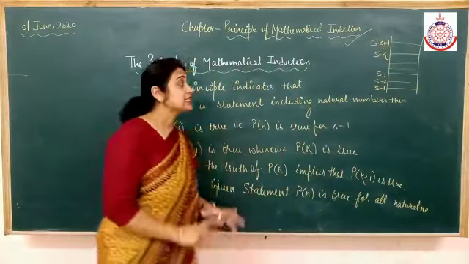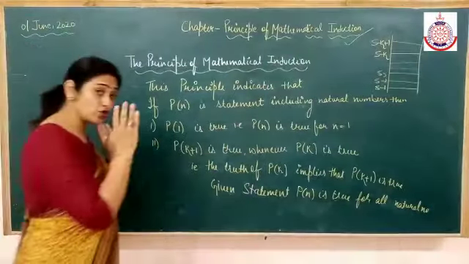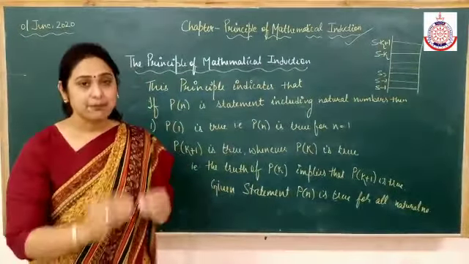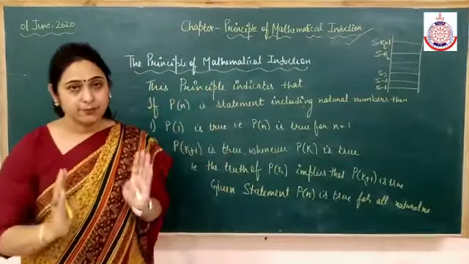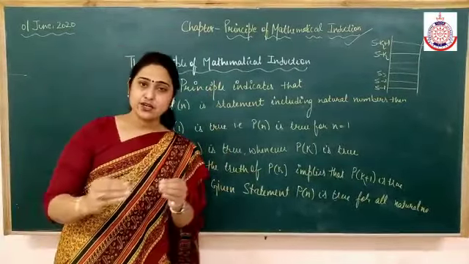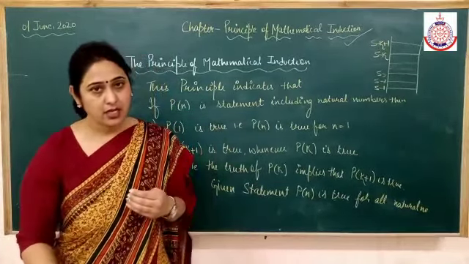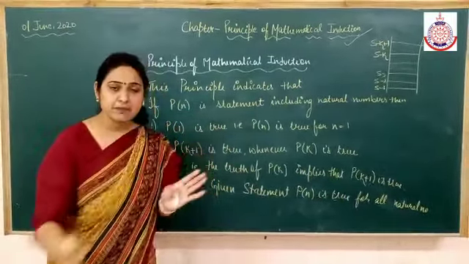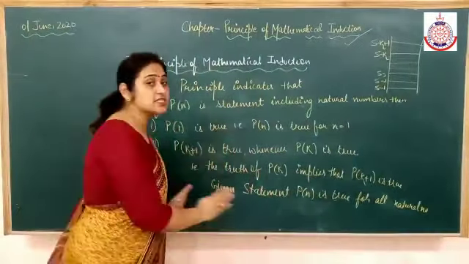This is the working of mathematical induction, which we are going to support now with examples. There are 3 types of questions which we'll be covering: statements, divisibility and inequalities. That's what we are going to prove in this topic.